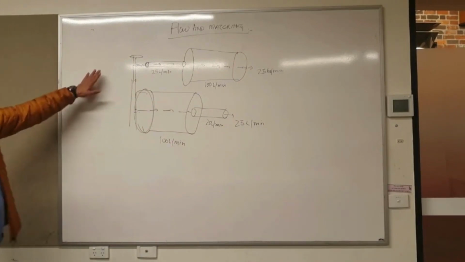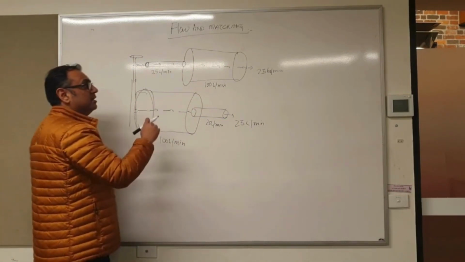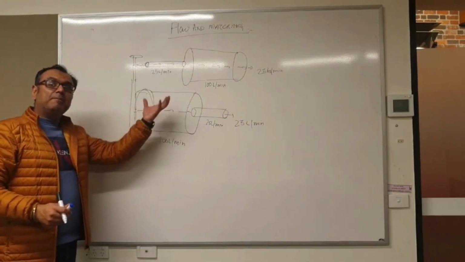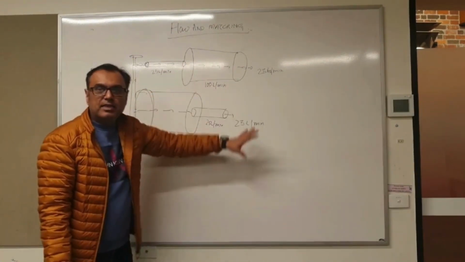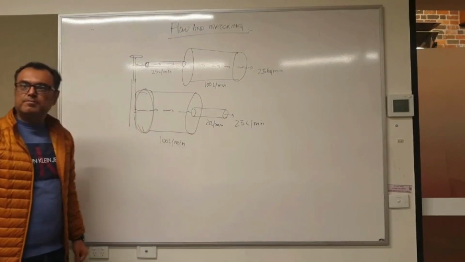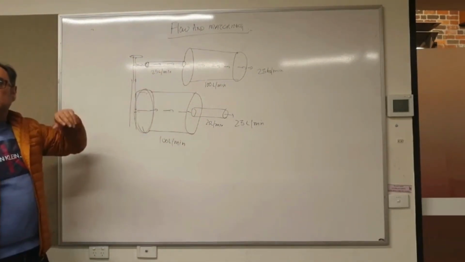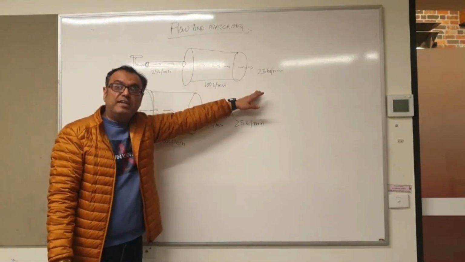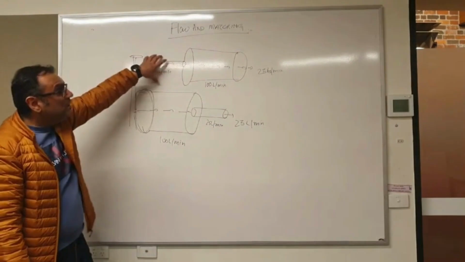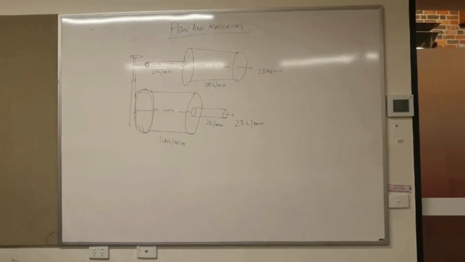So what did we observe here? We observed that the maximum output of a network is equal to the minimum capacity of that network, right or wrong? That's what we observed.